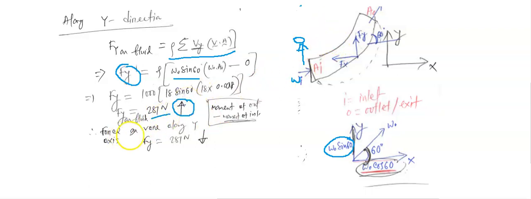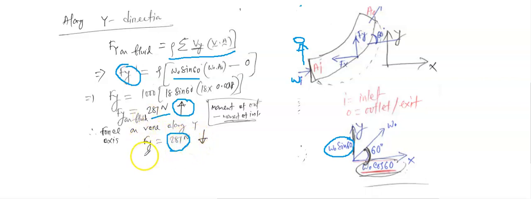That means this is the force on the fluid, so the force on the vane along the y-axis should be an equal amount of force, 281, but in the opposite direction, because of Newton's third law of motion. When the force on the fluid is in the upward direction, there should be an opposite force, the force on the vane along the y-axis, in the negative direction.